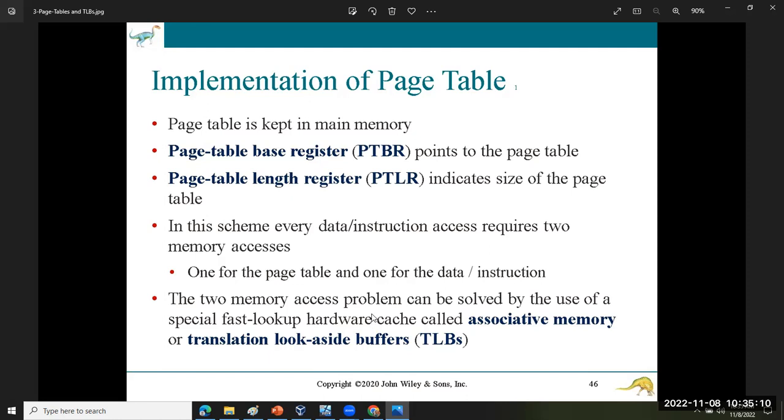Level 3 is usually found near the die on the package, so it's in the vicinity of the chip, but not exactly on the CPU itself. That's like a higher level kind of cache, but within memory itself, you have special fast lookup hardware caches called associative memory or TLBs.